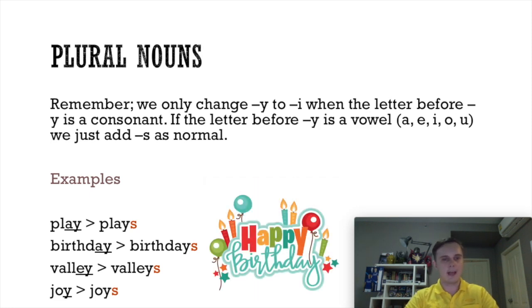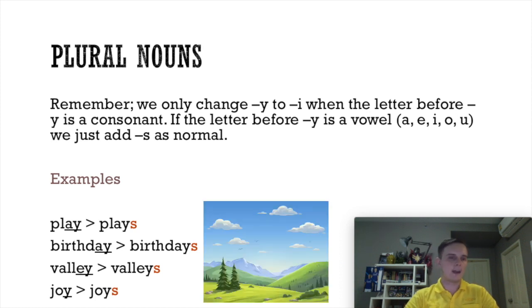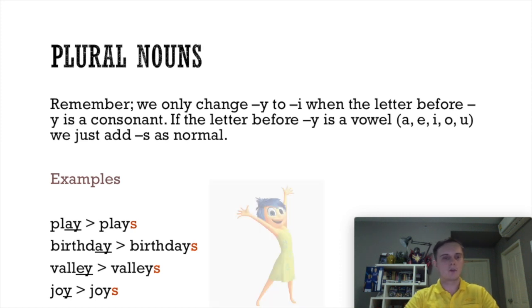Birthday, again, ends with A-Y. A is a vowel, just add S. Birthdays. Valley, again, ends with E-Y. So valleys. And joy ends with O-Y, just add S. So make sure you check both the last letter and the letter before the last letter.